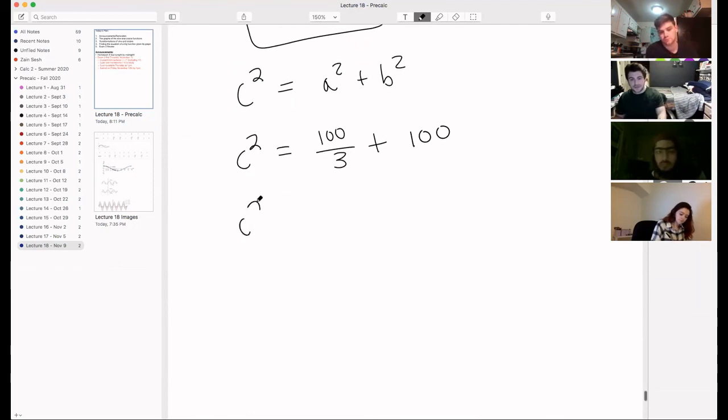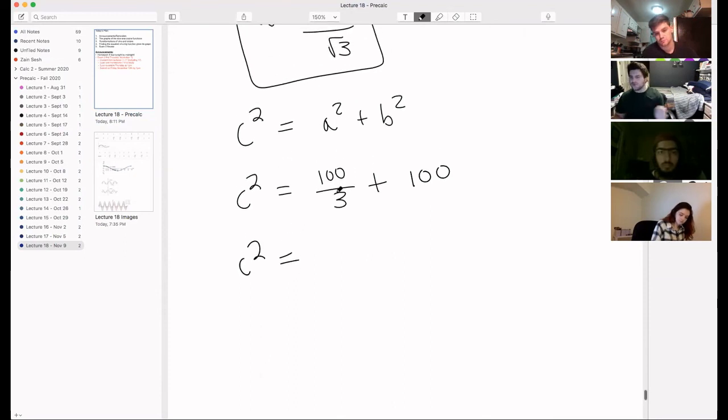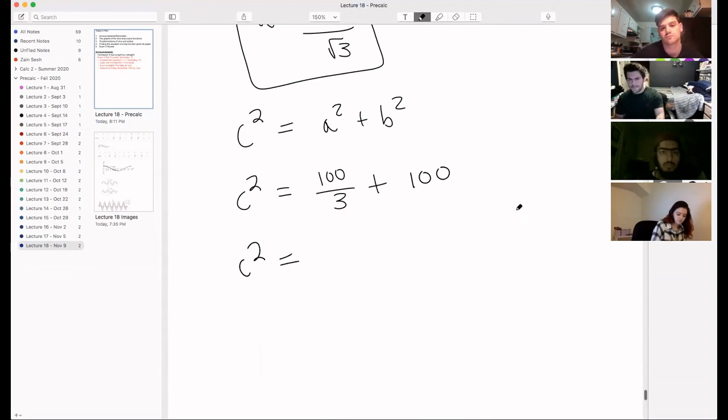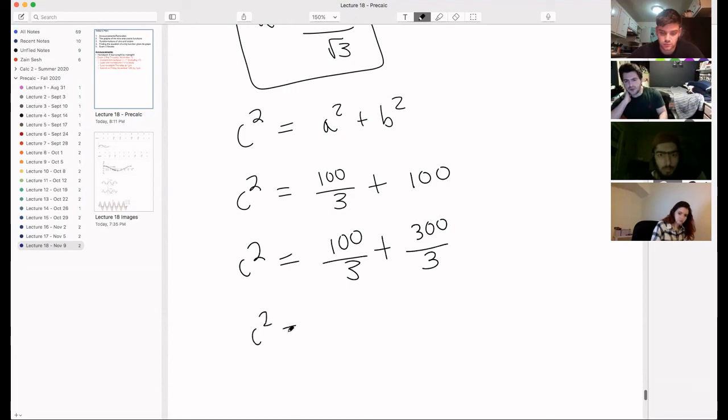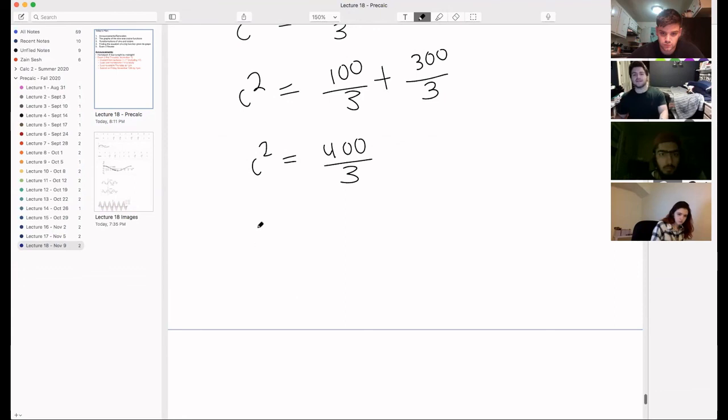So far, is this good, Camille, what I set up? Yes. Okay. Now you're going to want to create a common denominator of 3. So I think just write 100 as 300 over 3 and you're good. So c squared will be 400 over 3. Okay, excellent. And now c will be 20 over root 3.